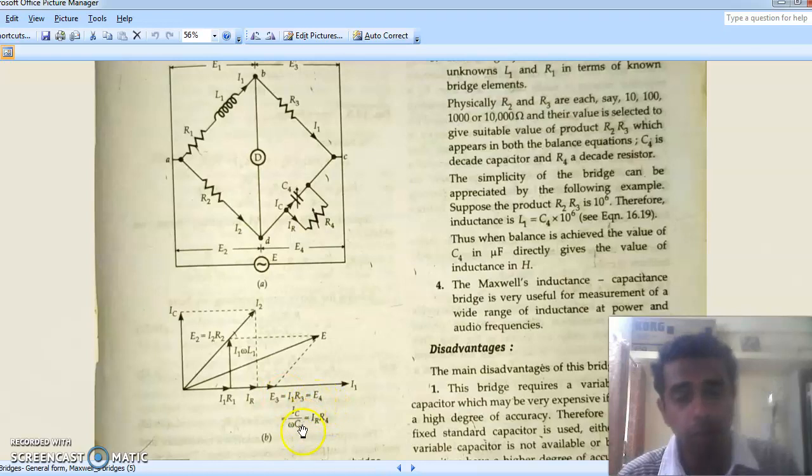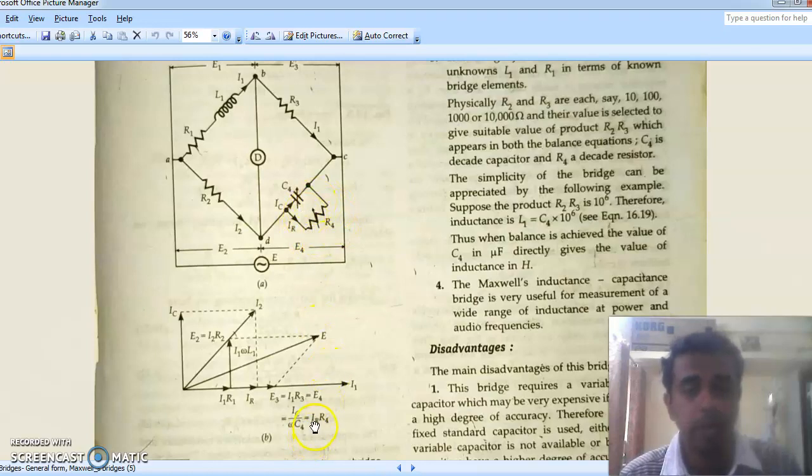And what is E4? E4 is nothing but the capacitive current multiplied by XC, that is 1 by omega C4, the voltage drop across this reactance, and that should also be equal to the voltage drop across this resistance.